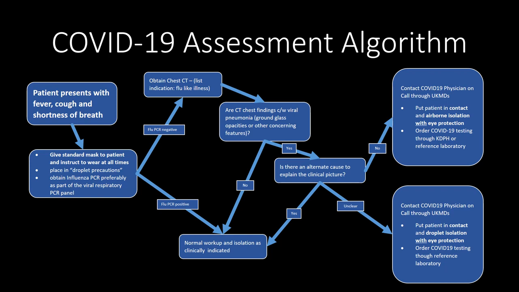If there is no alternative clinical explanation and the patient is presented with fever and cough, shortness of breath, their viral PCR panels are negative, a chest CT has been obtained, and it has classic signs for viral pneumonia, we're recommending that those people be placed into airborne isolation, that the physician responsible for infectious diseases related to COVID-19 be contacted, and a COVID-19 test be obtained.